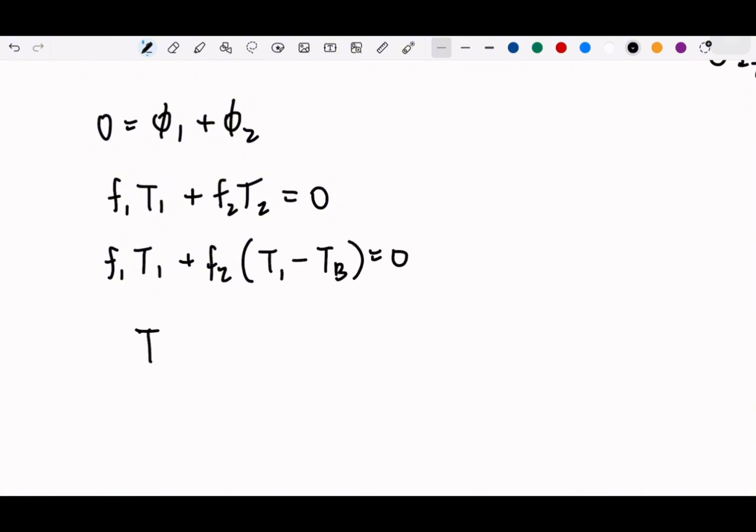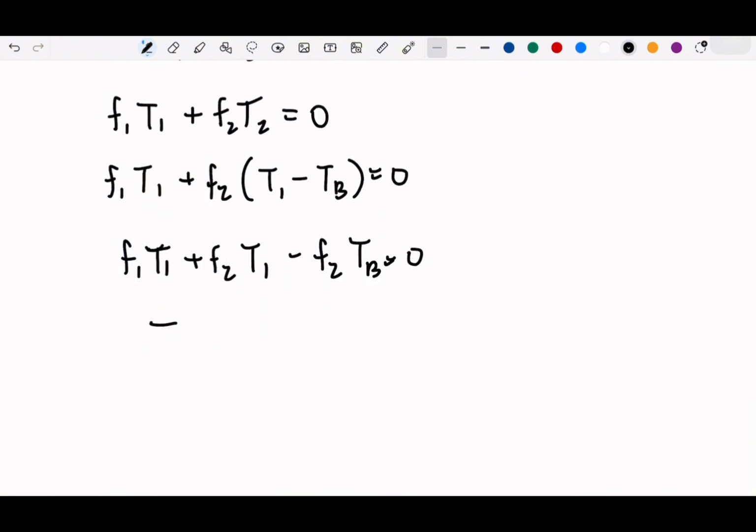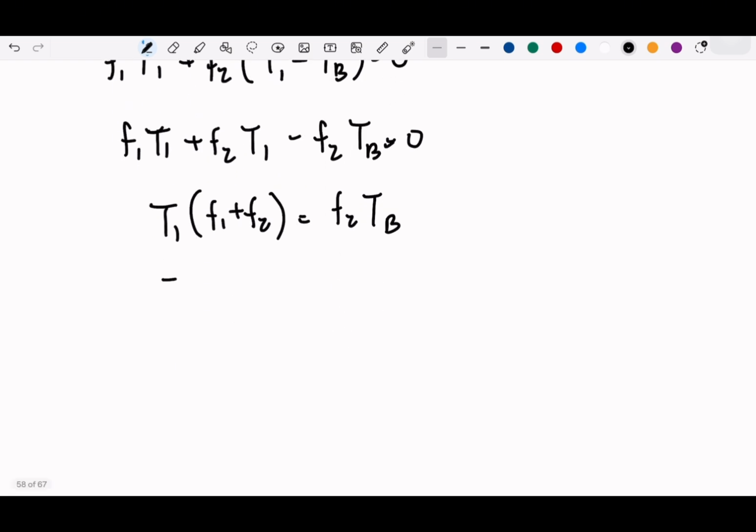Let's simplify this. So T1 will be F2 TB over F1 plus F2.